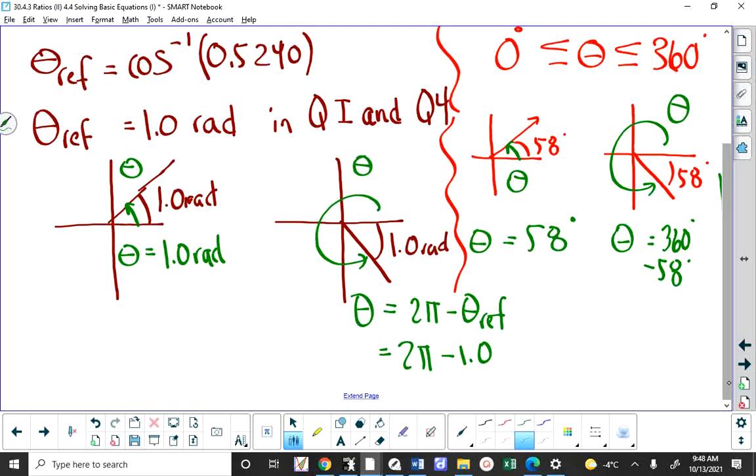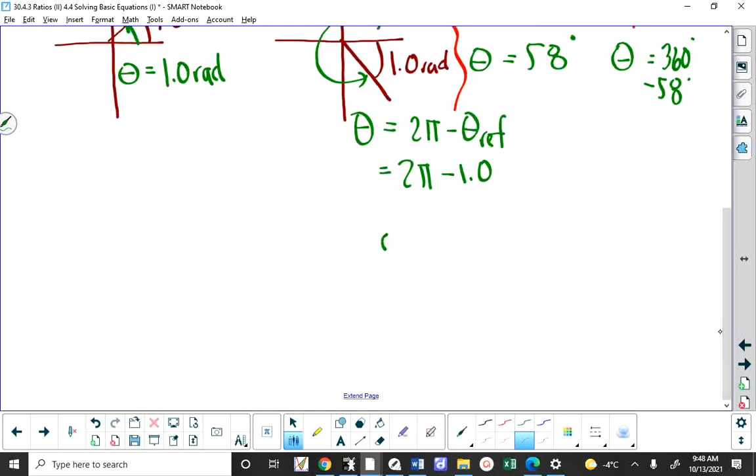Am I right? And I literally mean, pi is a number. It's not some kind of variable. You're going to go 2 times pi minus the 1.0. And do you, in fact, get 5.3? You'll get 5.28 something, but we're rounding to the nearest tenth. So you get 5.3.